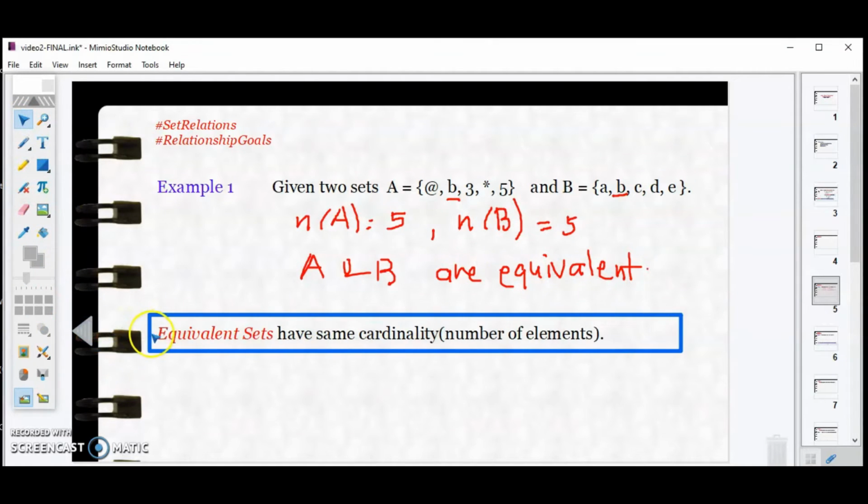They must have the same cardinality, which we defined as the number of elements. So, since A and B are equivalent, we represent that in symbols as A, a worm-like figure, B, or A and then the other symbol for equivalent. Both are read as A is equivalent to B. Okay, let's move on to the next.